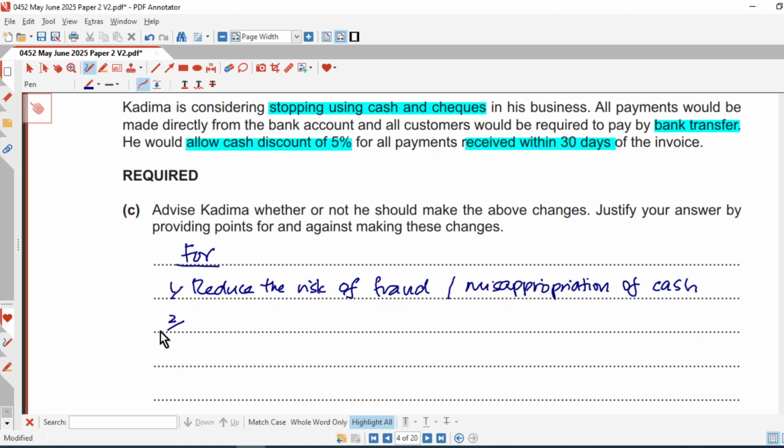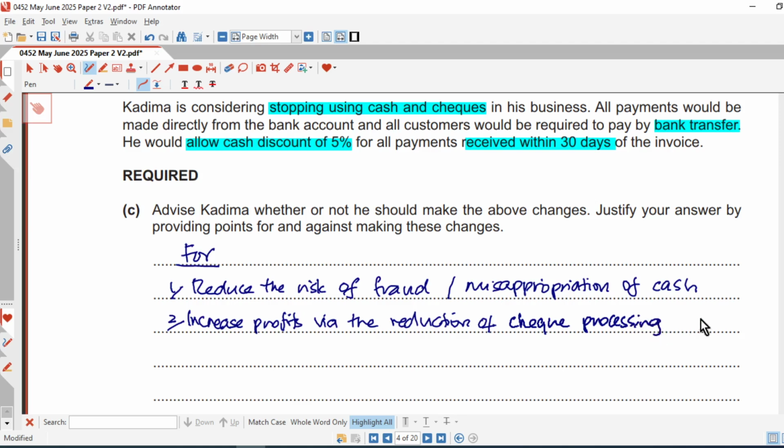So using a little bit of common sense here, you should be able to tell me that we can increase our profits when we stop using cash and checks. Now, how does that work? You increase profits via the reduction of check processing fees.